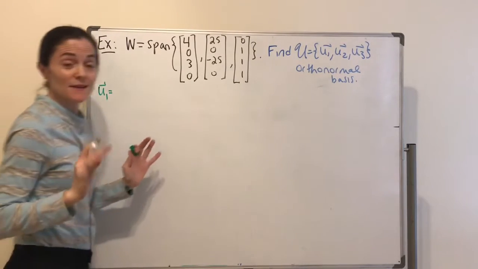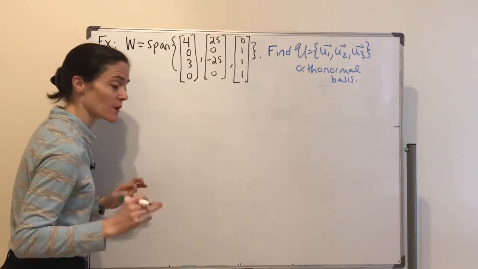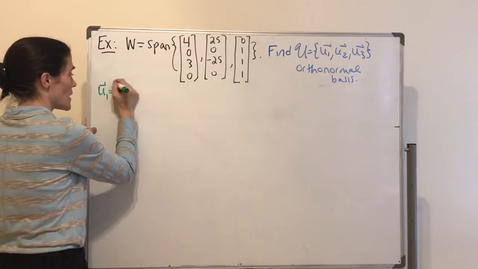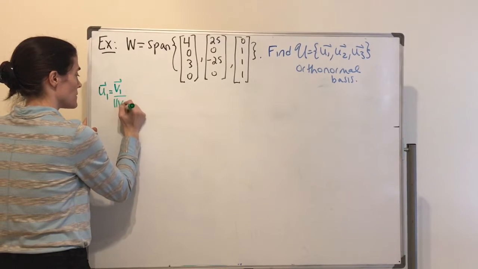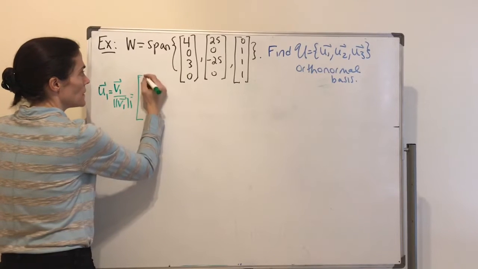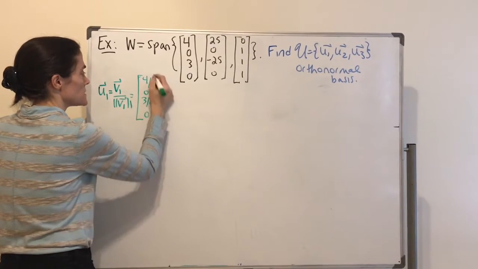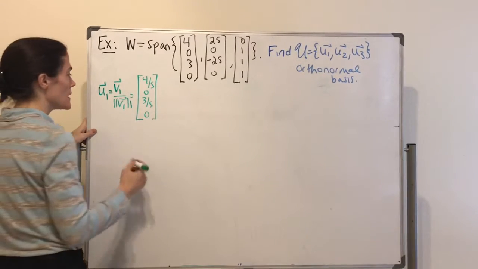Okay, you see I've added one vector, but let me just quickly go over how we would have begun. We take v1 over its length, and we get, in fact we have done this, it's going to be (4/5, 0, 3/5, 0).